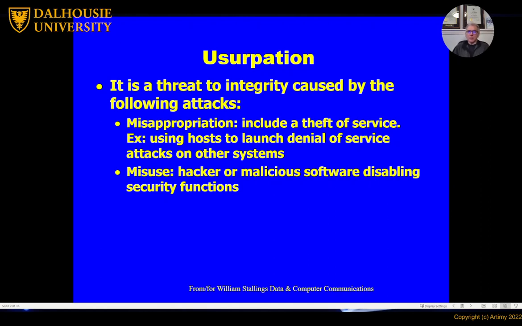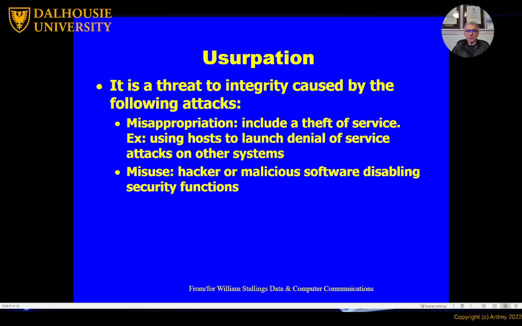Usurpation is a threat to integrity, either by stealing servers. So one example is, as we will see later, the hacker can put malicious software in your computer, and that software will be used to launch an attack using your own computer.